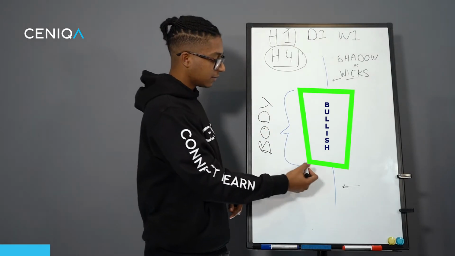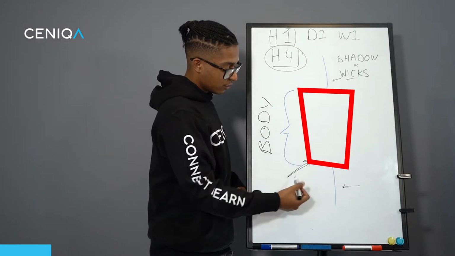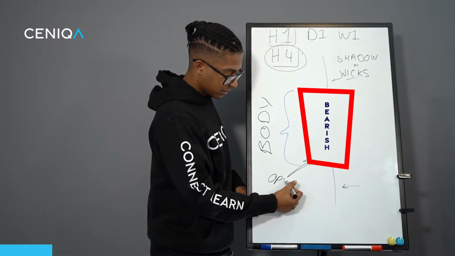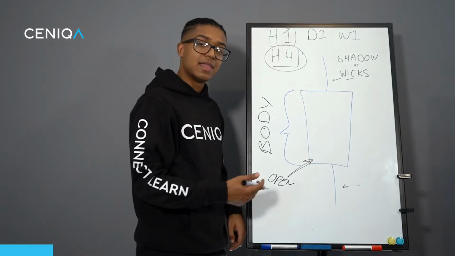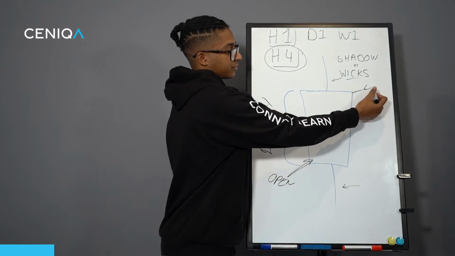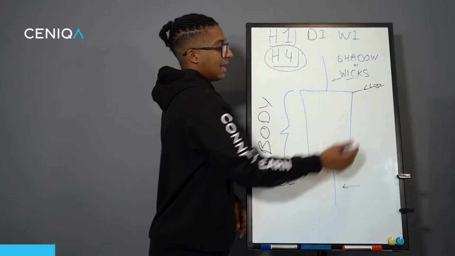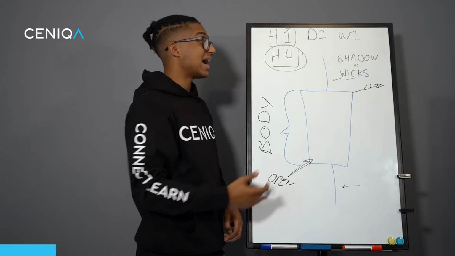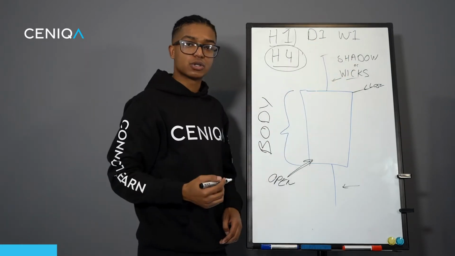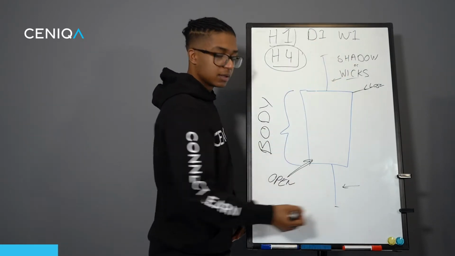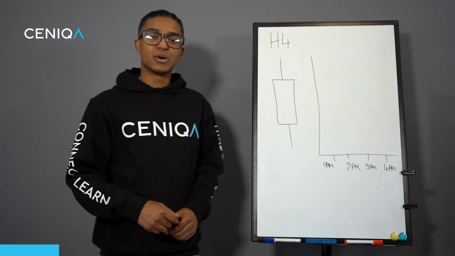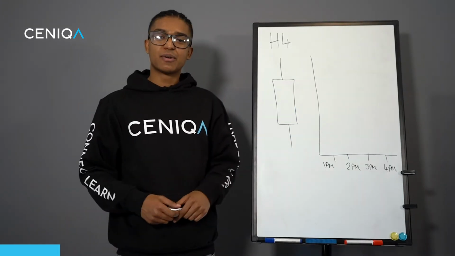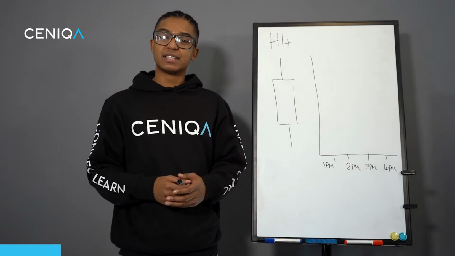Now, the main body will show us the open and the close. And the shadows will show us the highest point that the price got to or the lowest point that the price got to. So we said every candle represents a given time frame.